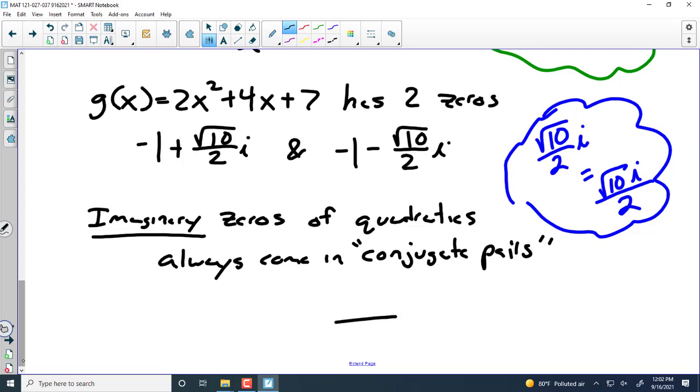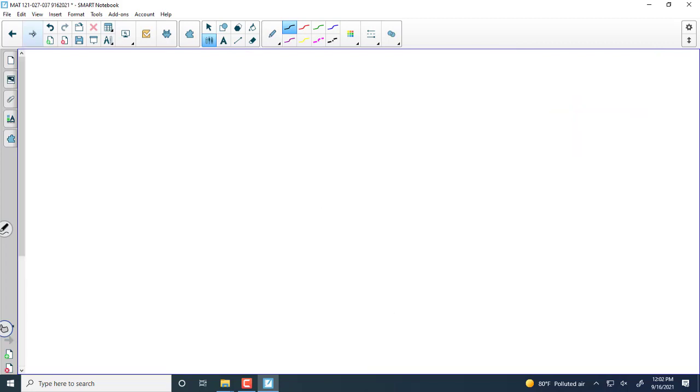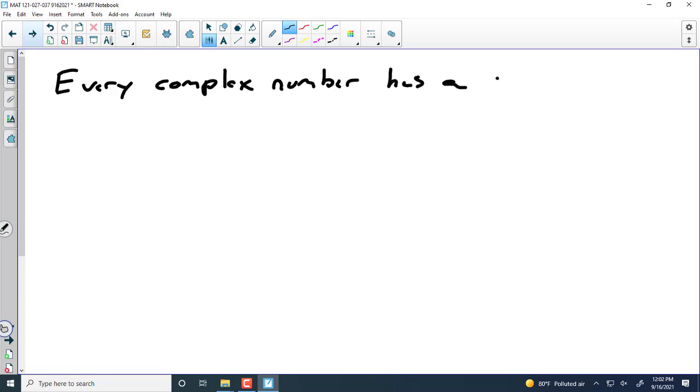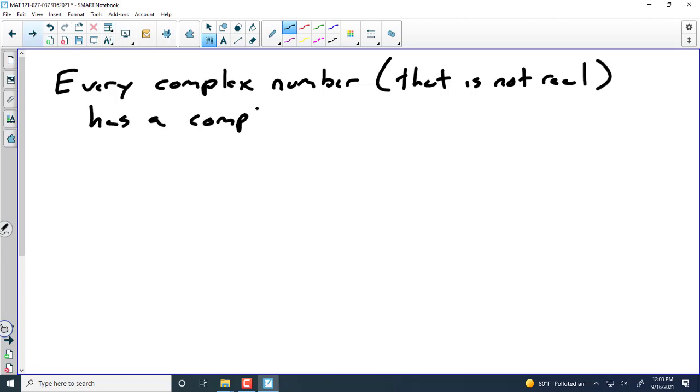So check this out. Is that what I want to say? Let's actually keep it like this. Every complex number that is not real has a complex conjugate.